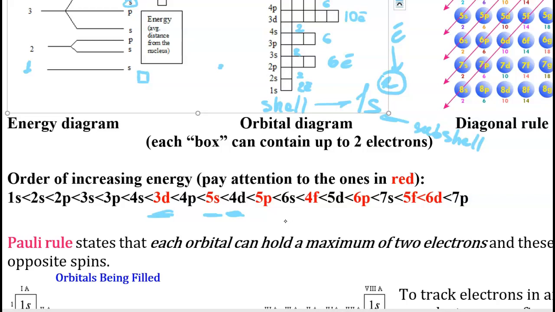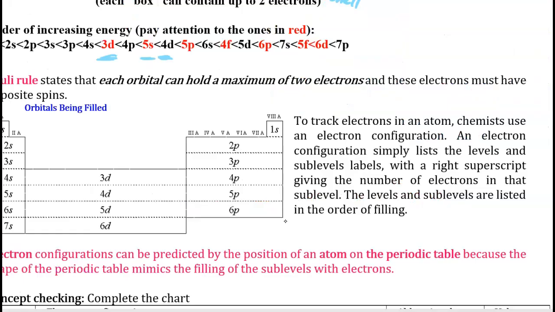It has the exact order of increasing energy, and it has the exact order in which electrons fill shells, subshells and orbitals. To track electrons in an atom, chemists use an electron configuration. An electron configuration simply lists the levels and sublevels or subshell labels, with a superscript giving the number of electrons in that subshell. The shells and subshells are listed in the order of filling.